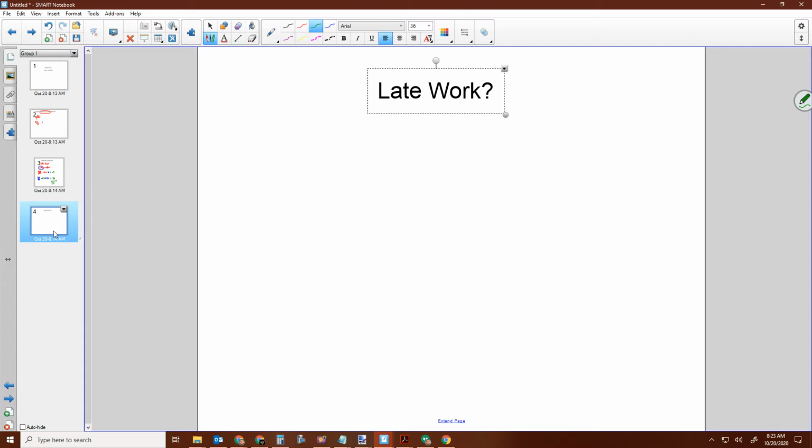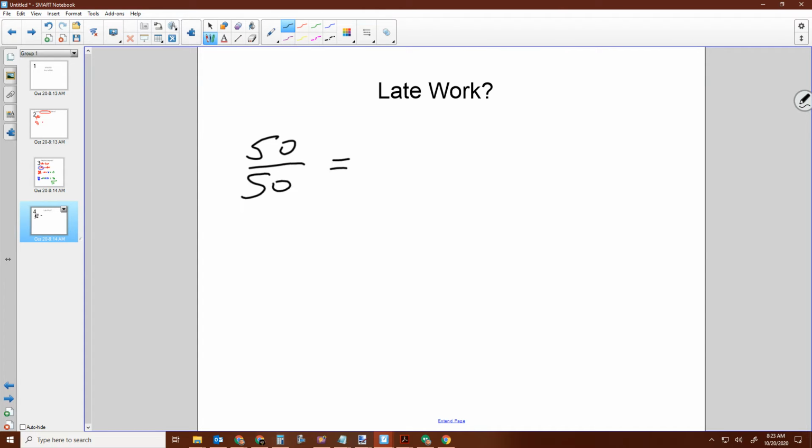What about late work? Well, in my class, late work is penalized 25%, and that means from the day it's assigned, if you don't turn it in on that day, it is late. And let's say that we have a 50-point assignment. You make a 50 out of 50, but you turned it in later than it was due. You turned it in the next day.